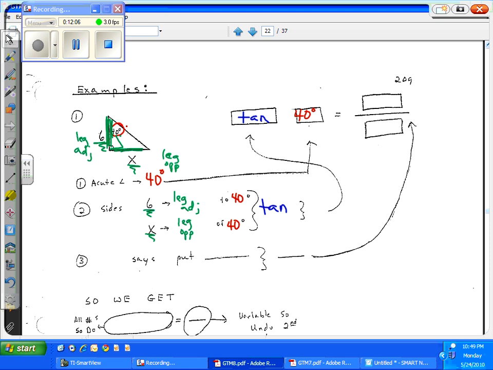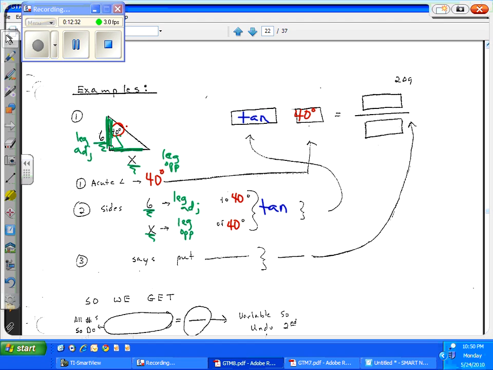So that tells me to put in tangent. So I found the angle 40. I looked at the sides I'm dealing with. I saw how they related to the angle that I chose. The 6 was the leg adjacent to the 40. The x was the leg opposite the 40. So I thought, which ratio deals with leg adjacent and leg opposite? Well, it's tangent.